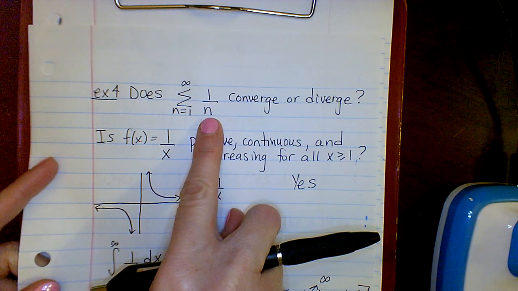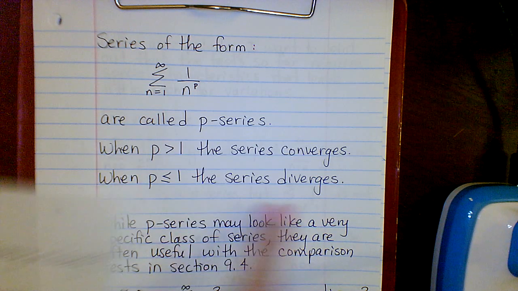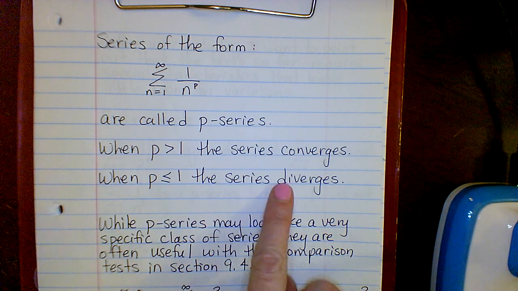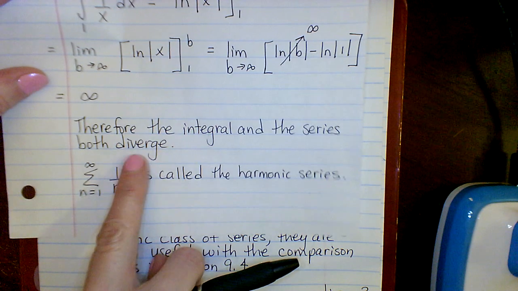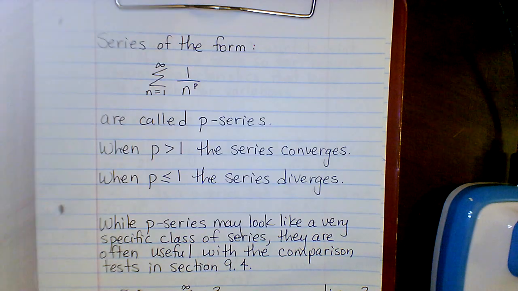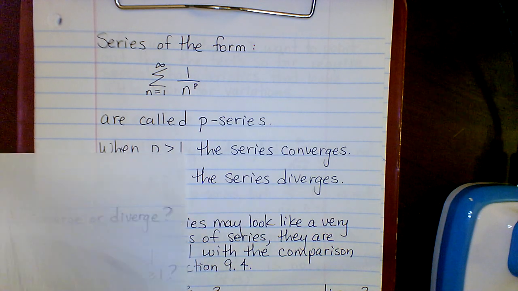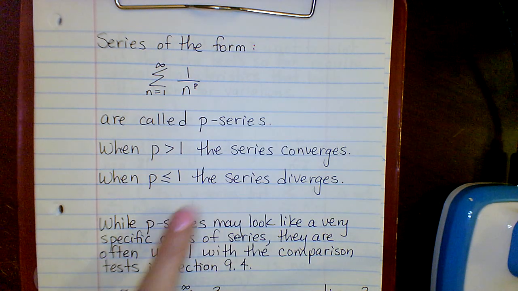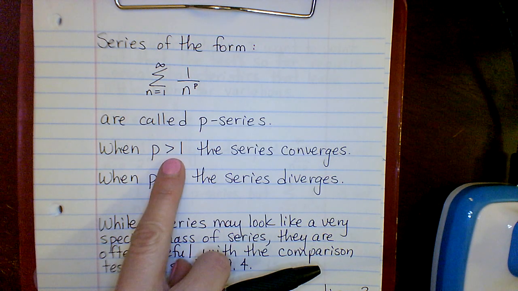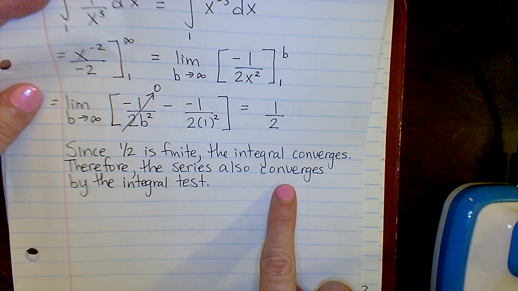All right, so this is a p-series where p is 1. So if it's equal to 1, it's going to diverge. P-series, p equals 1, the series diverges. Back in example 3, we had n cubed. That's a p-series where p is 3. So it's bigger than 1. It should have converged, and it did.